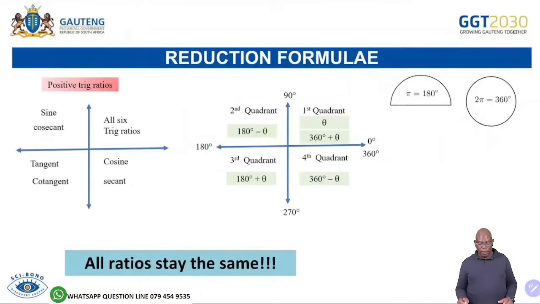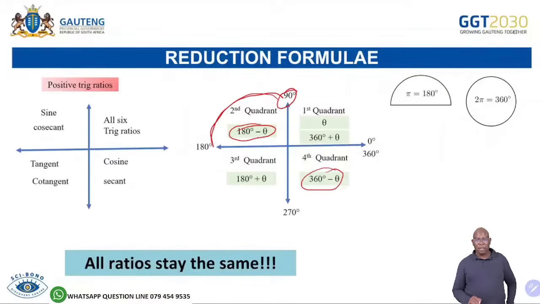In this case, please know your reduction formula. The 180 degrees minus covers all angles that are less than 180 but greater than 90. This quadrant is all angles that are greater than 270 and less than 360. Here is 180 plus, the quadrant more than 180 and less than 270.